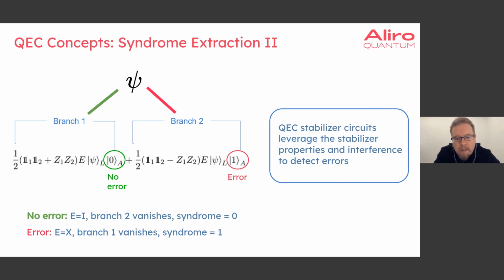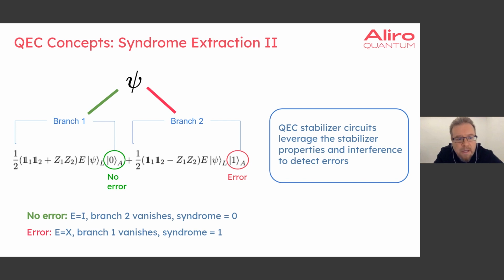So this collapses to 0. So when no error occurs, this branch that has the auxiliary qubit with measurement value 1 collapses. So this is excluded from the set of possibilities. And so what we will measure is this value of 0 at the auxiliary qubit, as we mentioned.